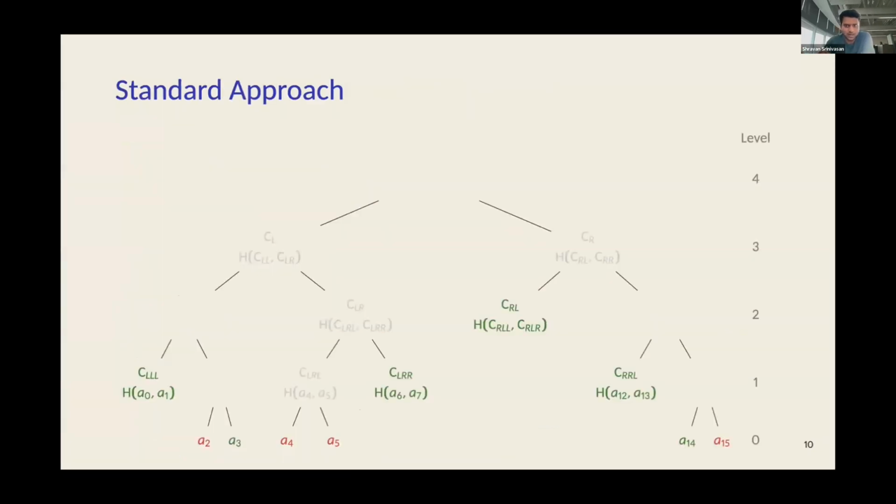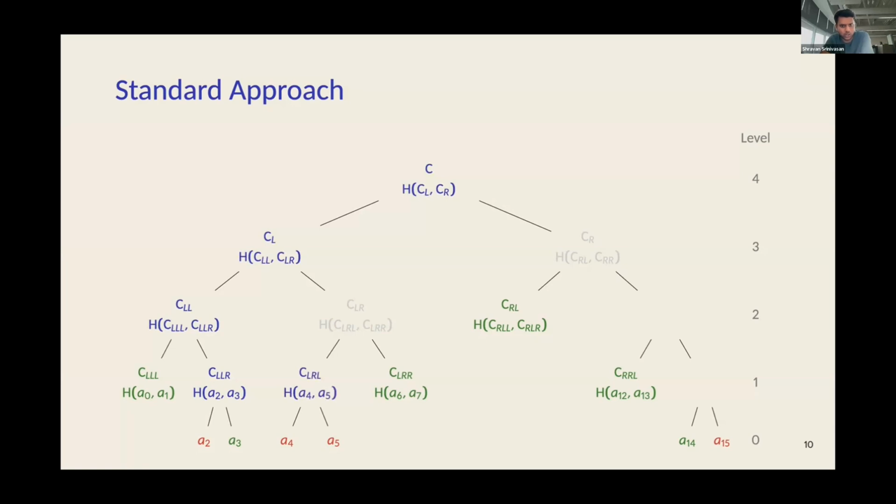So in the standard version, say you have A2, A4, A5, and A15 as part of the batch, and you have the individual membership proofs. First, you check if A2 is in fact valid. You do this by reconstructing the path from A2 to the root, and you check if this reconstructed root is what you expect as a verifier.